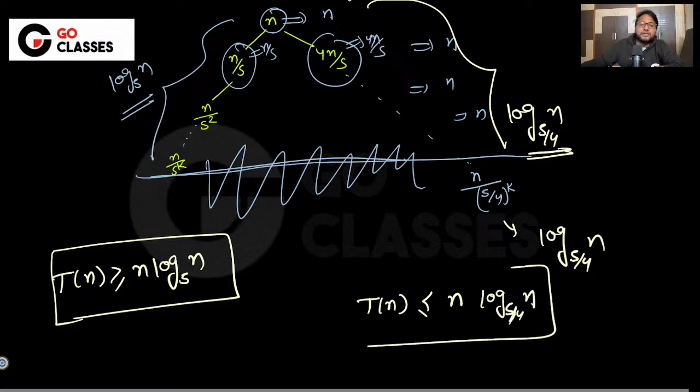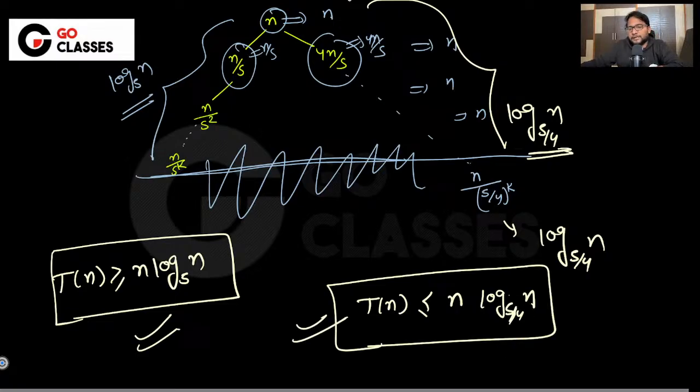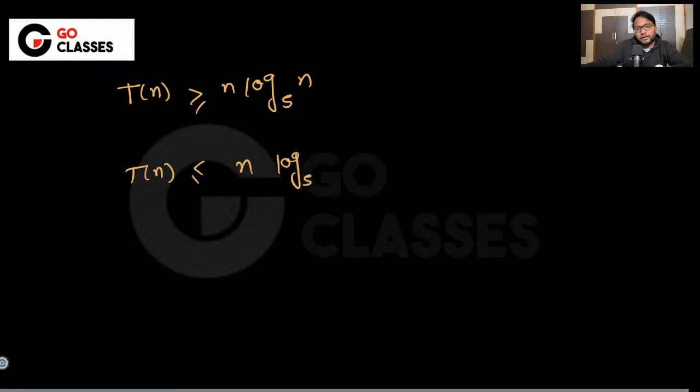So T(n) is greater than or equal to this, and less than or equal to this. Now this base won't matter, as we have seen in the previous video also. Which means T(n) is greater than or equal to n log base 5 n, and less than or equal to n log base 5 by 4 of n.